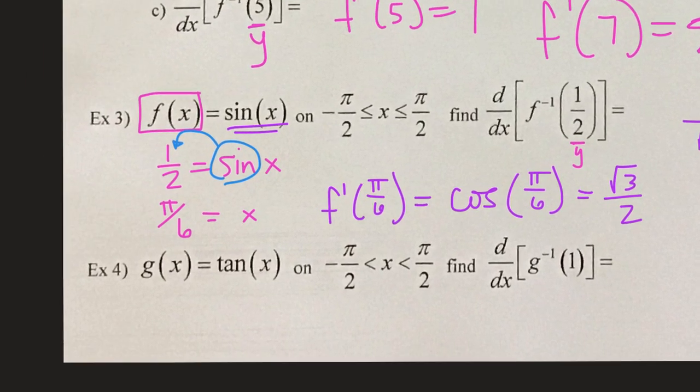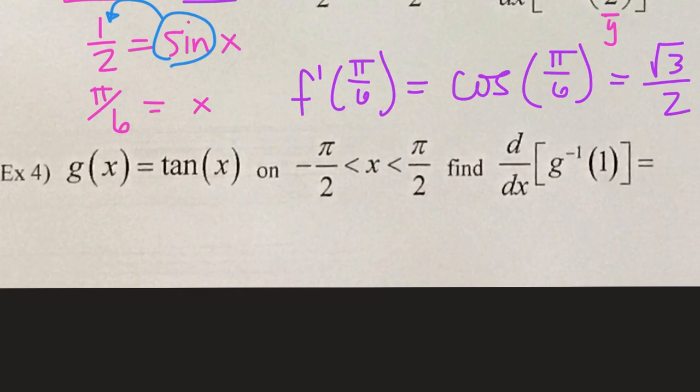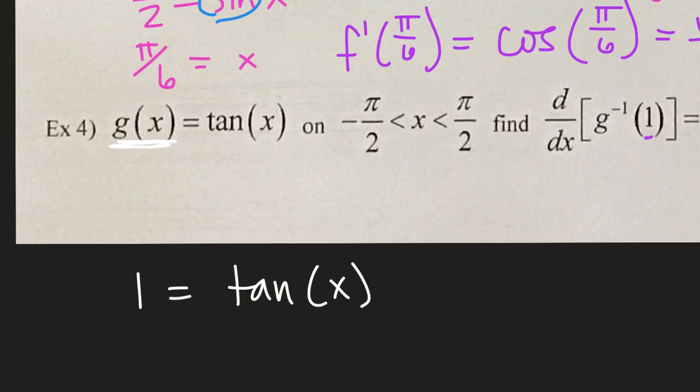Okay, one last trig problem, the tangent, and I want to find the derivative of the inverse at 1. So first we put 1 in for the y value, so we put 1 in right here. 1 equals the tangent of x. Okay, so at what angle is the tangent going to be positive 1?